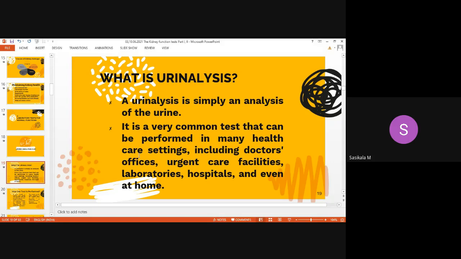It is the common sample test found in clinical laboratories, which is common analysis, urinalysis. Where all we carry out urinalysis: healthcare settings, doctors' offices, urgent care facilities, laboratories, hospitals, and even at home.